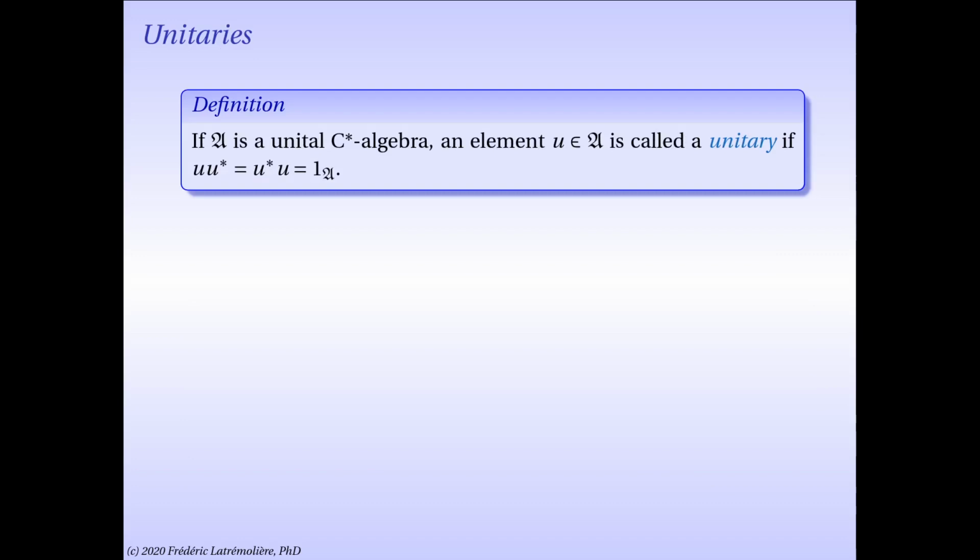So if A is a unital C-star algebra, an element U of A is called a unitary of A if U star U equals U U star equals the identity. So again, if and only if U is an invertible element of your C-star algebra whose inverse is given by its adjoint. And we've seen that certainly if A is B of H for H a Hilbert space, then in particular, unitaries from the Hilbert space to itself are exactly unitaries in the C-star algebra B of H. We have shown that.